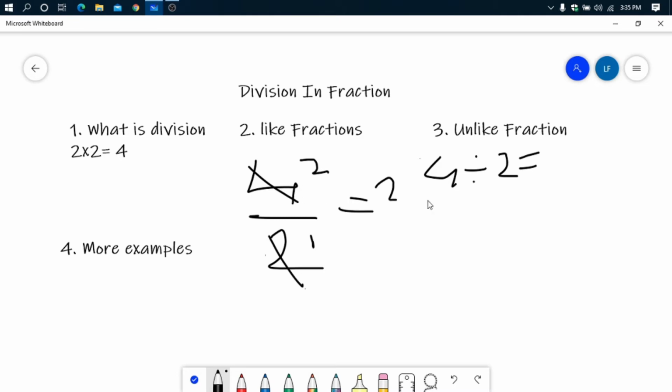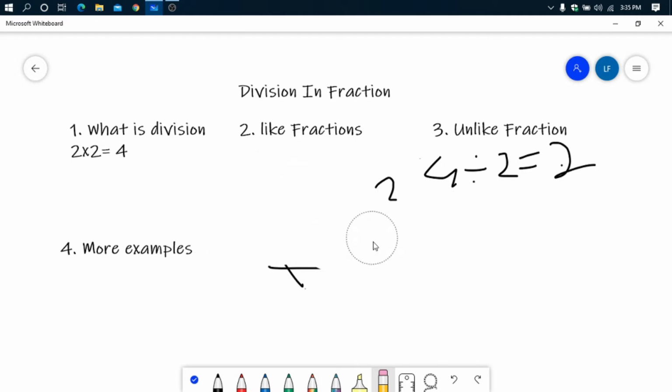And 2 by 1 is basically 2. And 4 divided by 2, you guessed it, is 2. So that is the relationship between division and fractions.